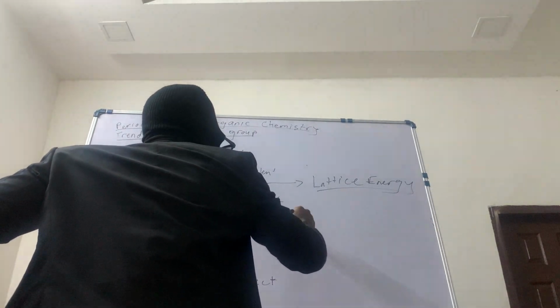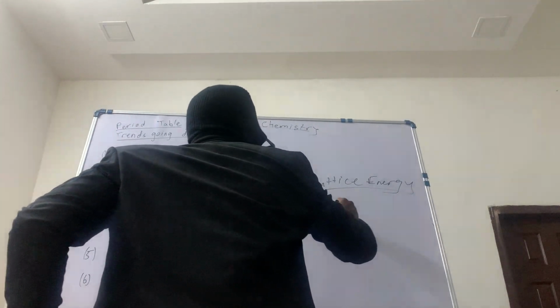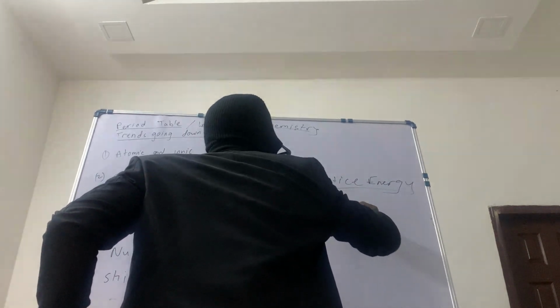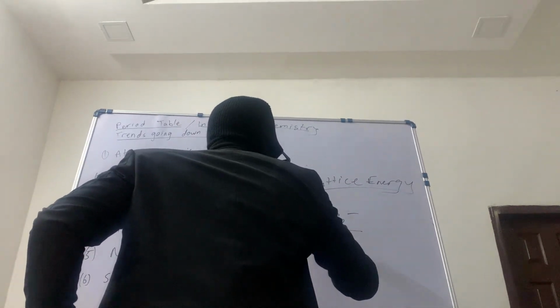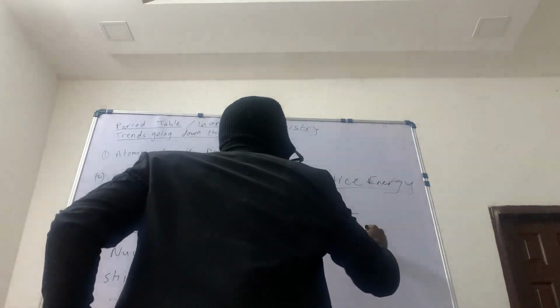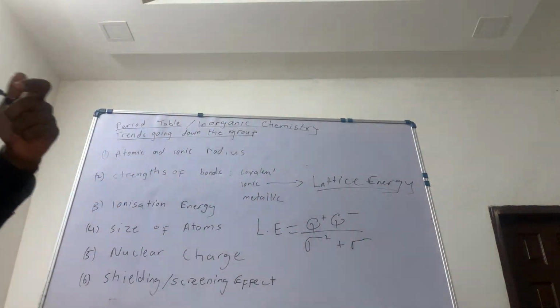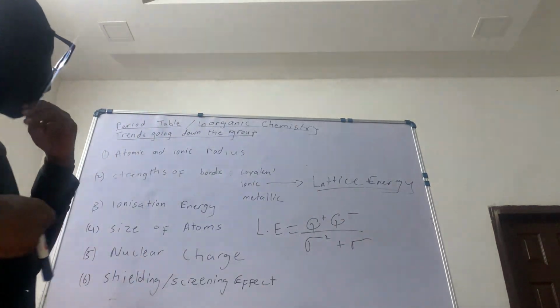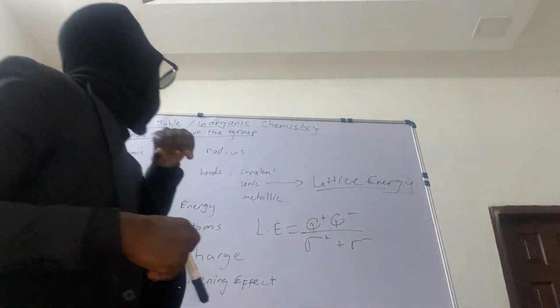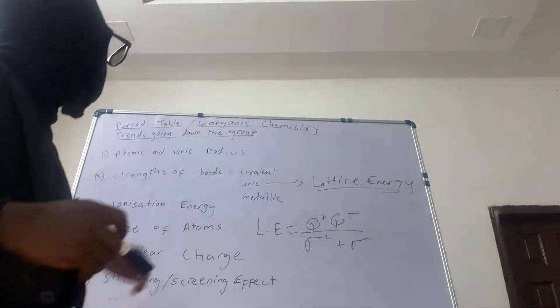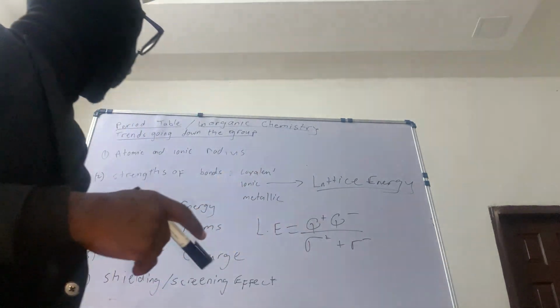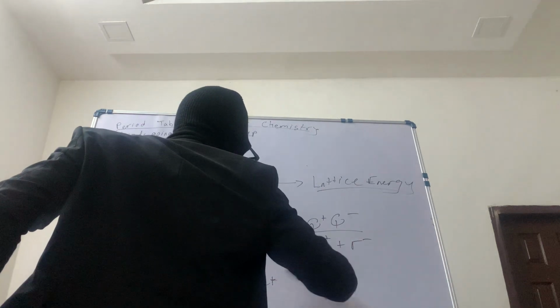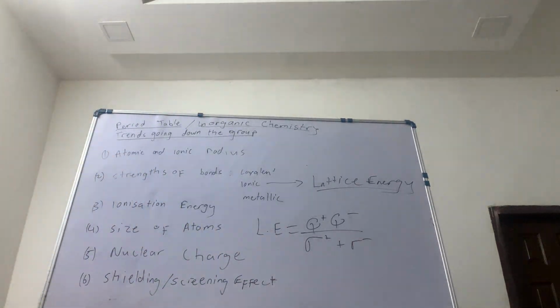Lattice energy is given by the formula Q positive times Q negative over r positive plus r negative. That is, lattice energy is the product of the charges of the ions involved in the bonding over the total radius.